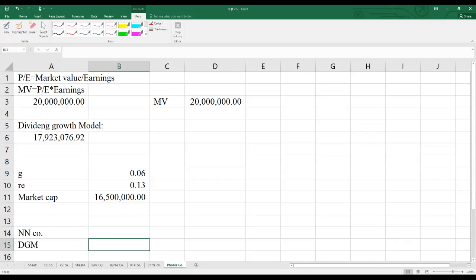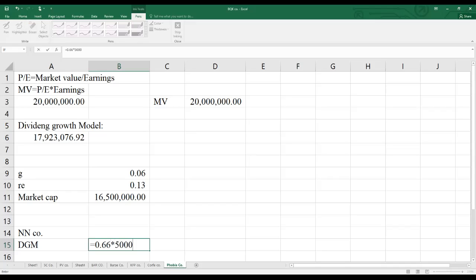The dividend growth model will be equal to the dividend of the company, 0.66. We need the number of shares to get the total dividend. If you go to the balance sheet, the company has ordinary capital of 50 million. The nominal value per share is 50 cents.